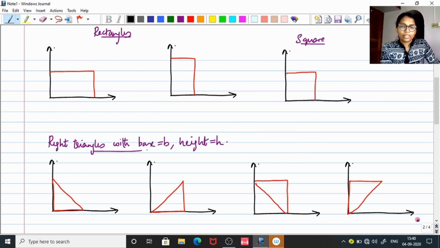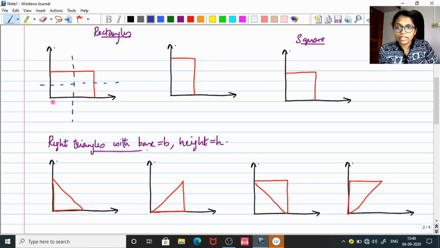Next, I have drawn many basic shapes, that is rectangles arranged in two manners and squares and right triangles arranged in these many manners. So we are going to find out the centroid expression for each figure. For the rectangle, you can see that it has of course a horizontal symmetry, also a vertical symmetry.